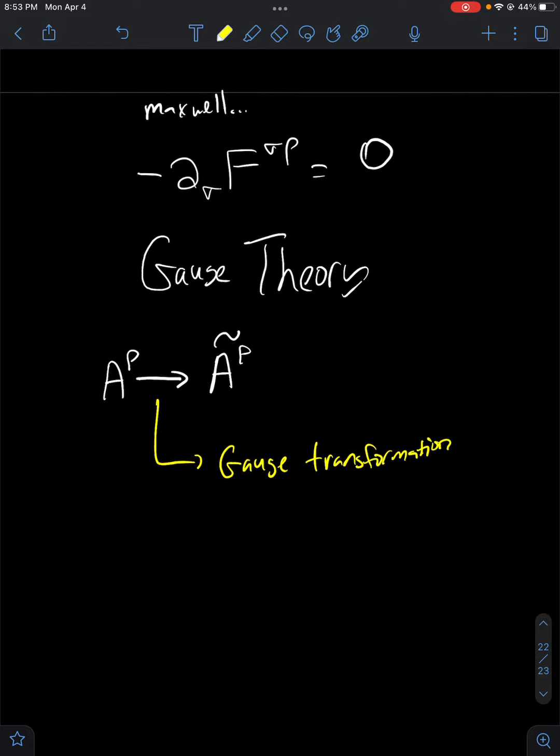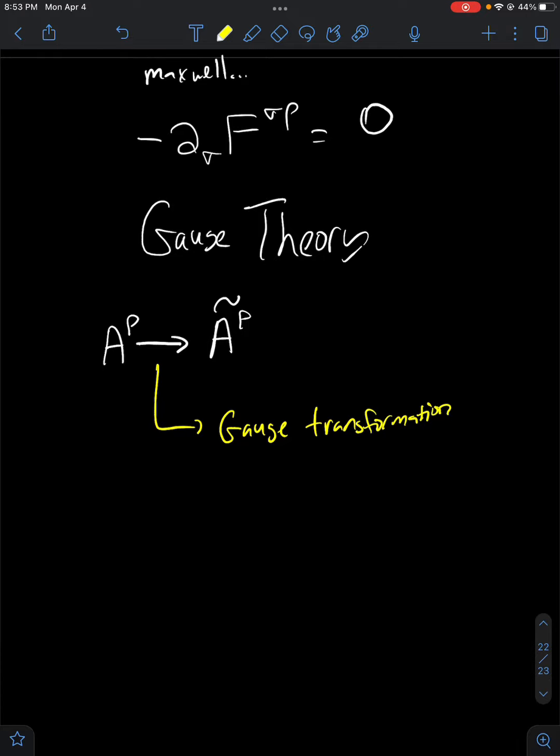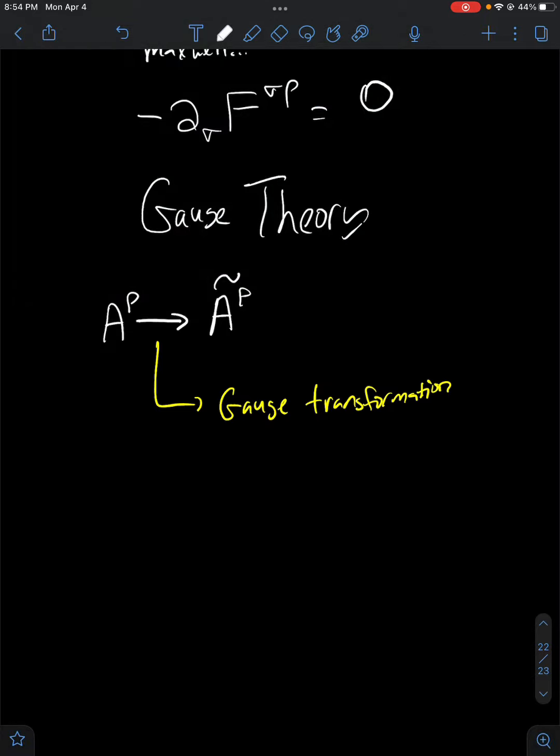Now, if our gauge transformation leaves our Lagrangian invariant, we call that a gauge symmetry. So if L equals L prime, or better said L tilde, we say that we have a gauge symmetry.